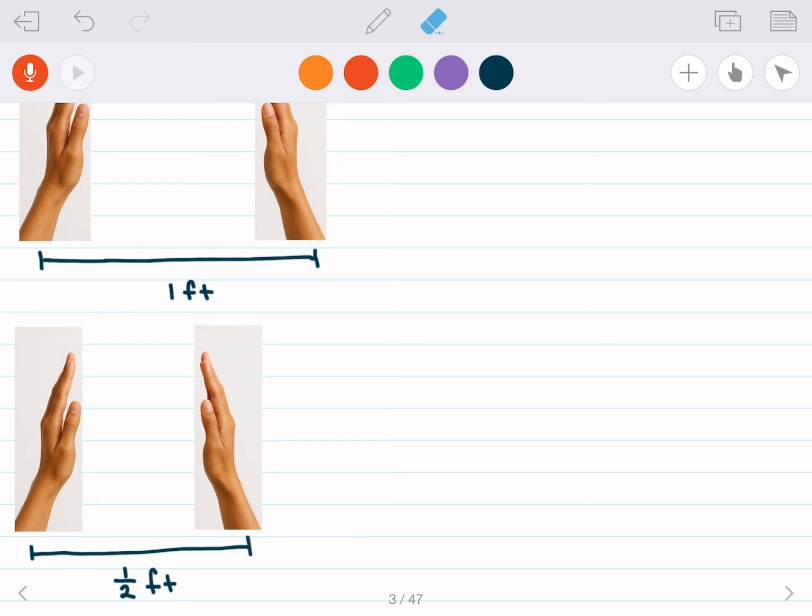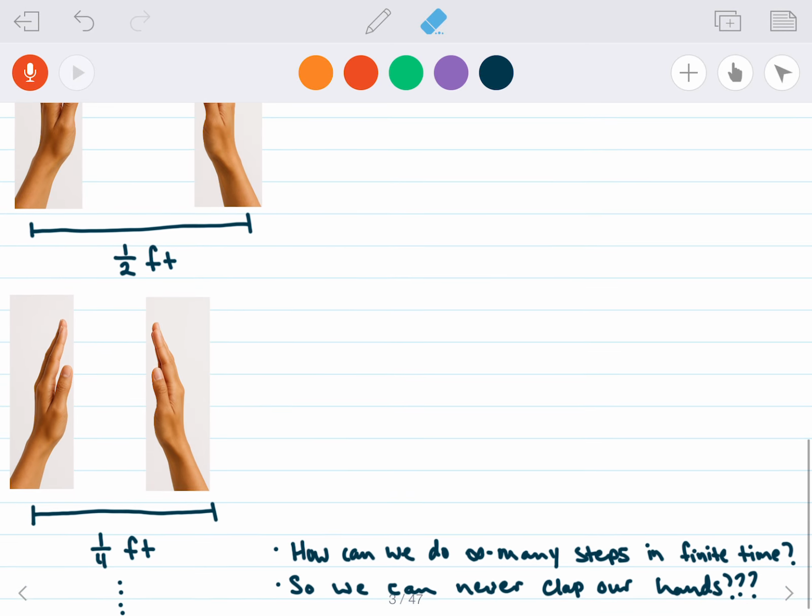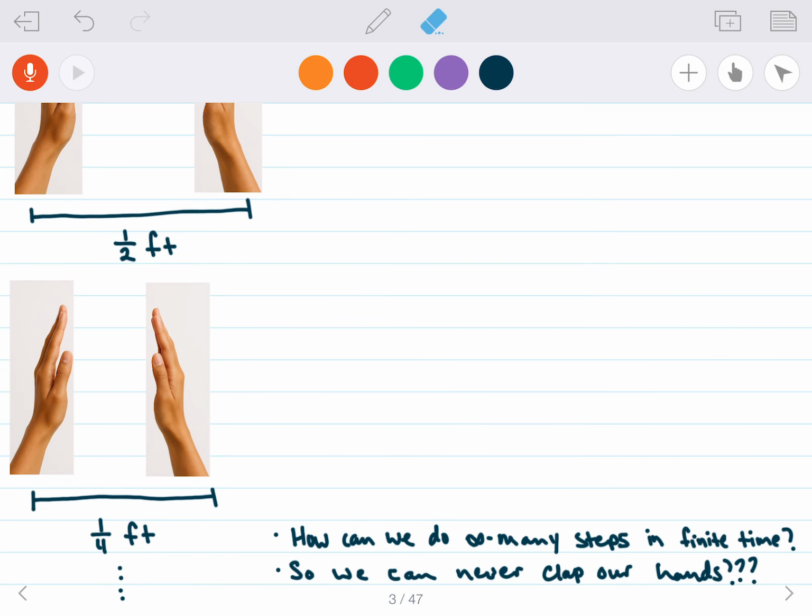Before they meet, they have to get to a foot apart, then half a foot apart, then a fourth of a foot, et cetera. This process theoretically can go on forever and ever. But clearly we know that you can clap your hands and it's not going to take an infinite amount of time for you to do it.